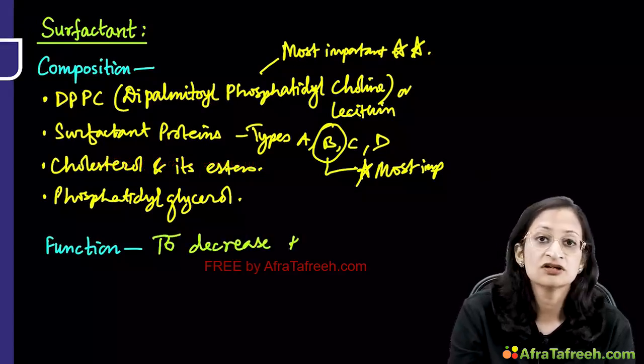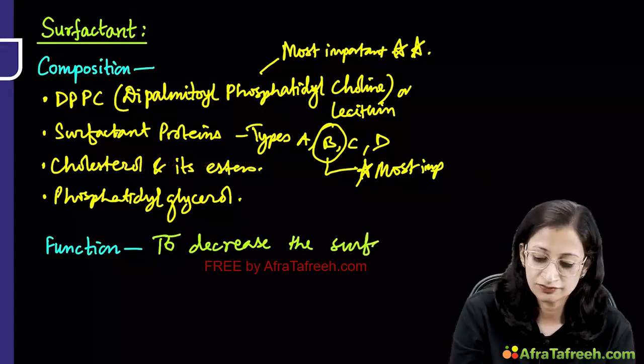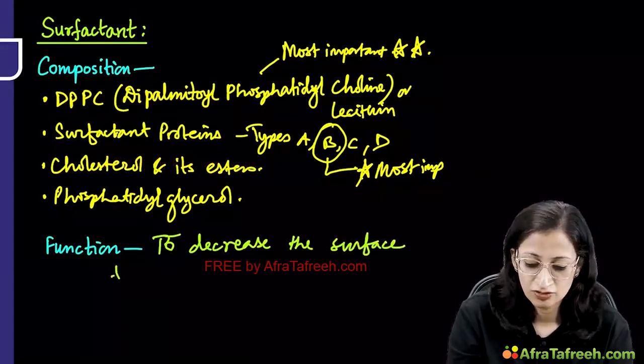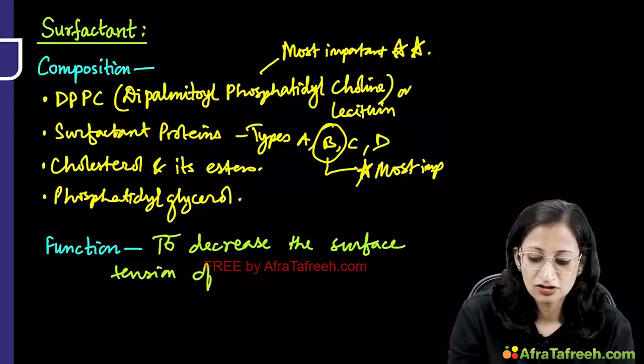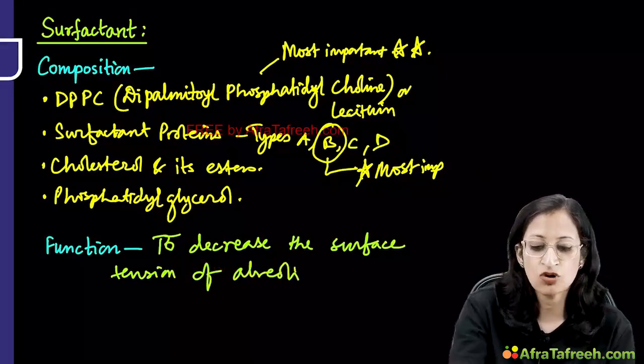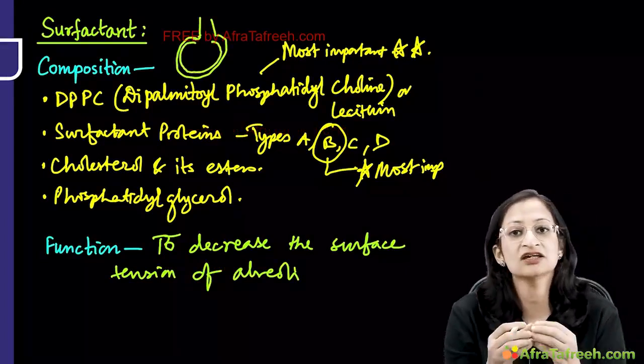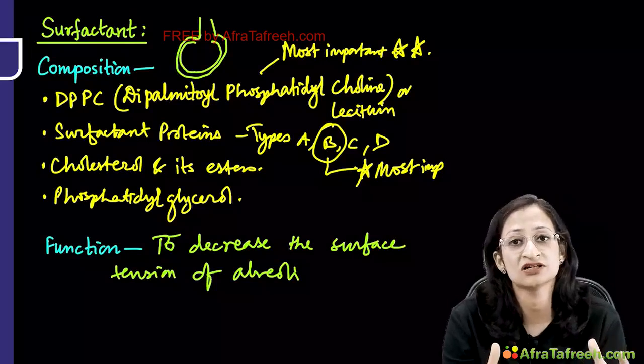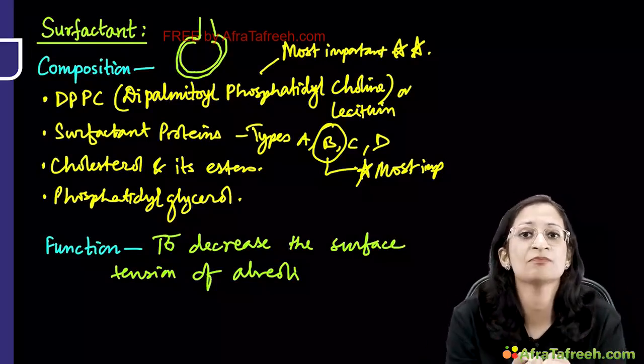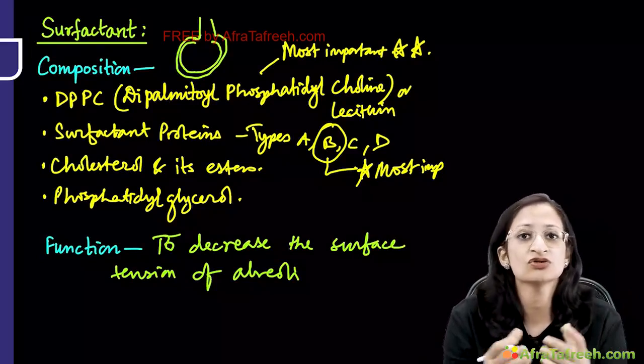In simple words, what this surfactant does is it forms a thin layer on the inner surface of alveoli, and it keeps the alveoli in a partially open state. It prevents them from collapsing completely. During inspiration, we know the alveoli expand.